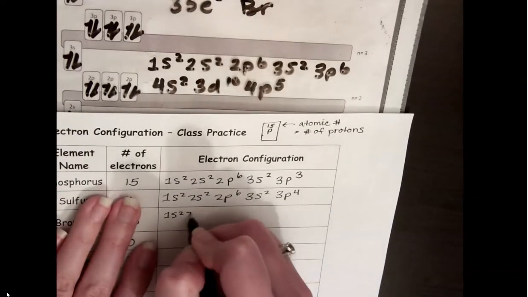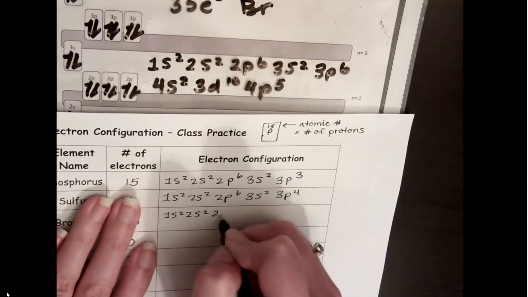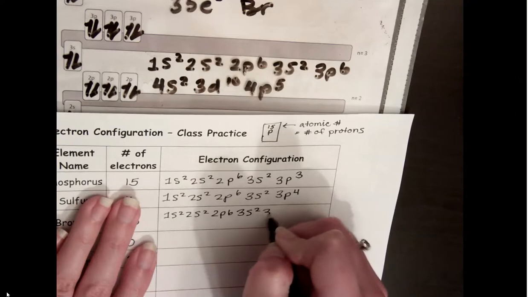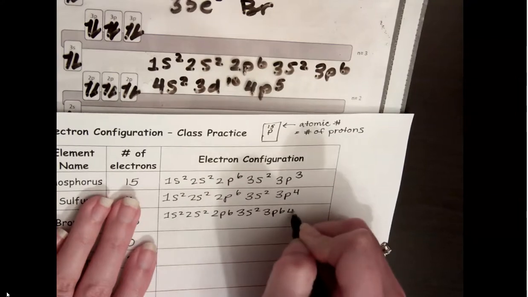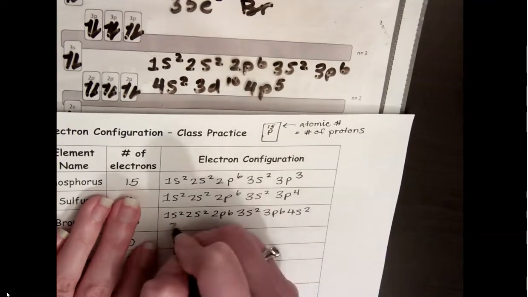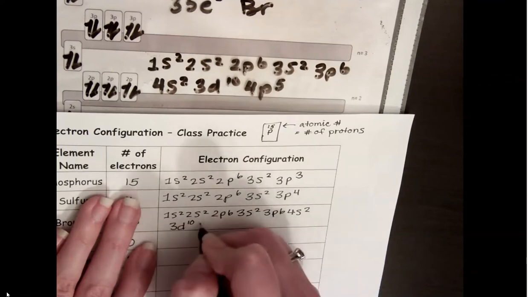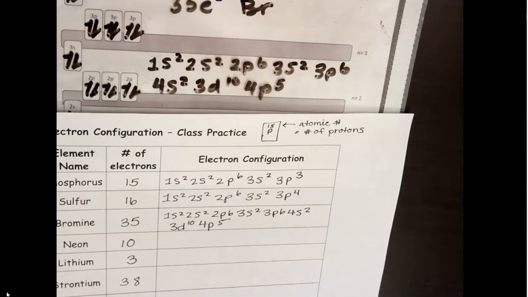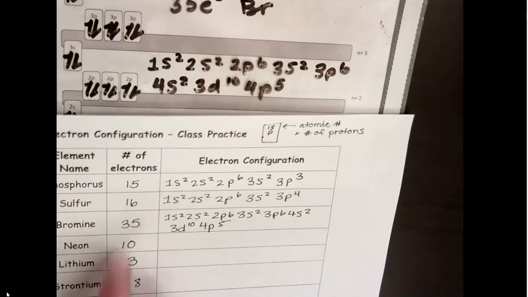1s2, 2s2, 2p6, 3s2, 3p6, 4s2, 3d10, 4p5. Okay. All right, next is neon.